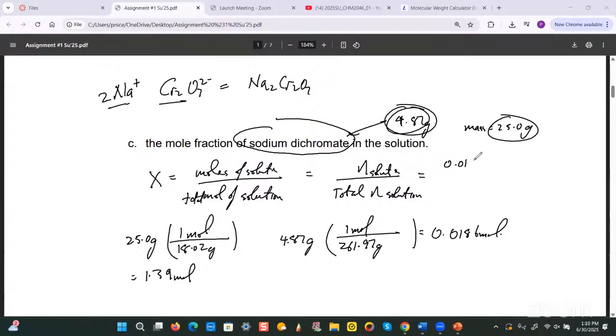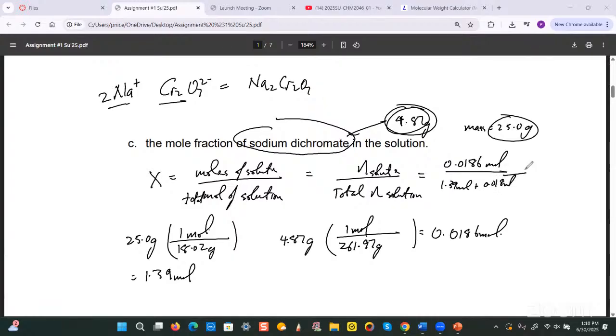And I have to divide that by the sum of these two, which is 1.39 moles plus 0.0186 moles.